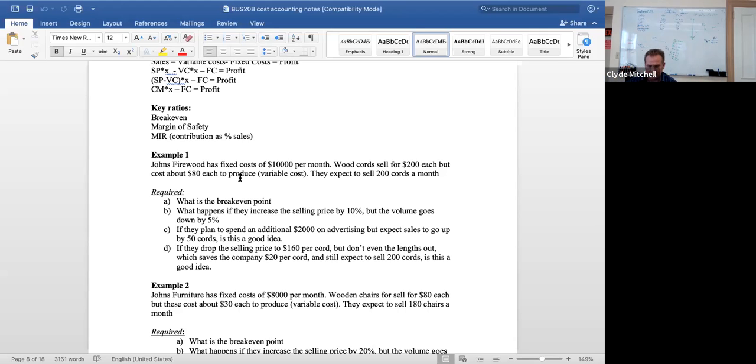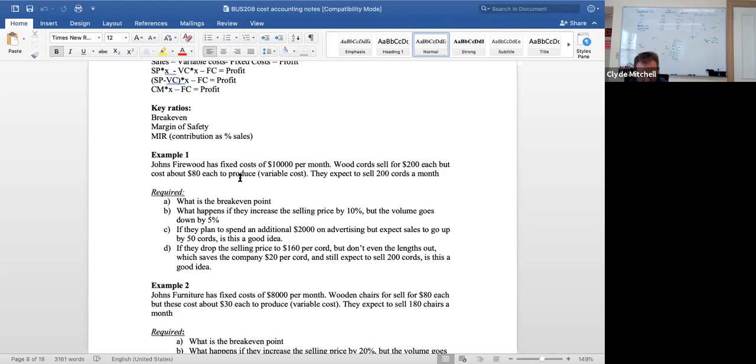Okay, so before we go and look at these on the board, let's look at number D. We're going to drop the selling price by $40. We're going to save $20 on variable costs. So what's the effect on our contribution? Well, we lose 40, we gain 20.